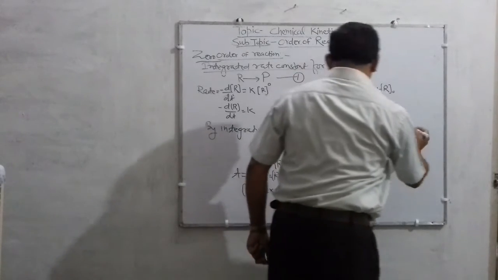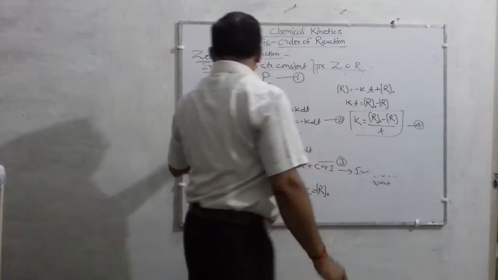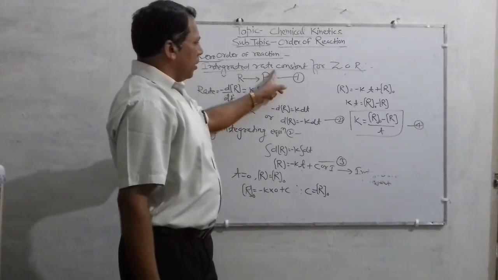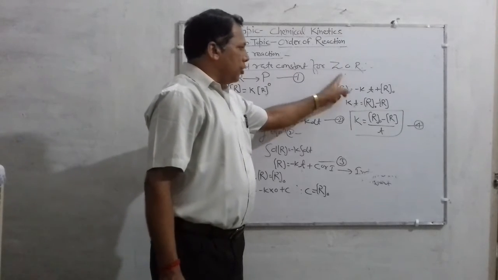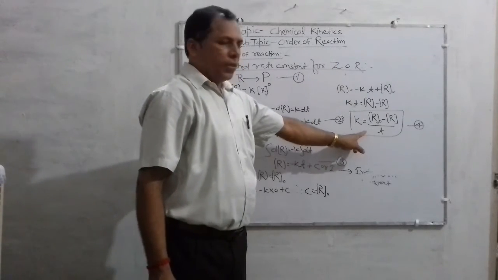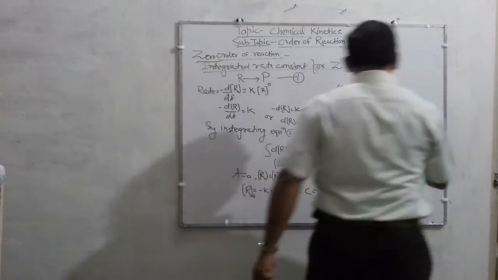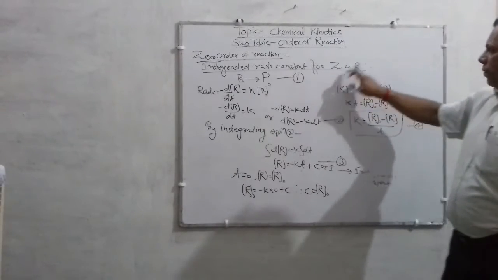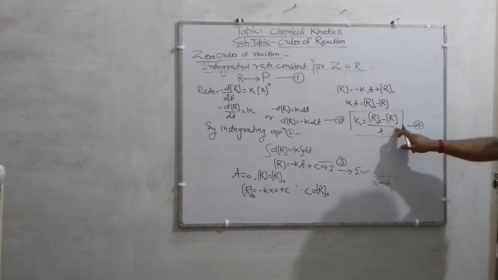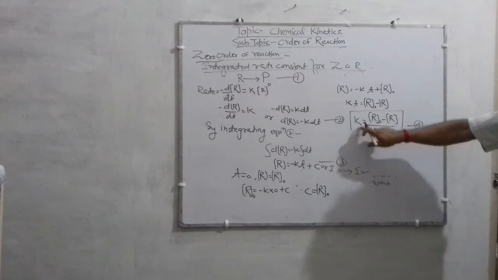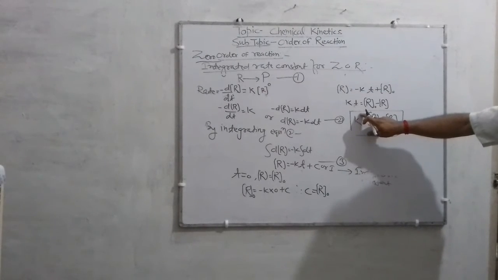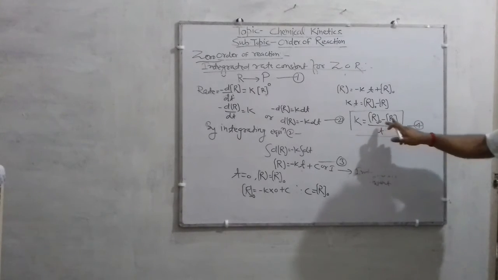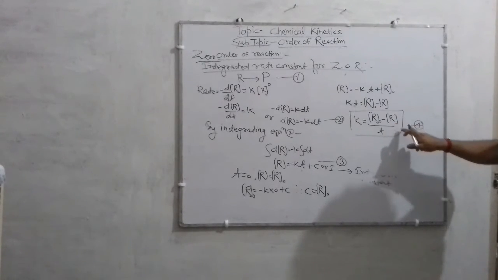So equation 4 is called the integrated rate constant equation for zero order reaction. Must remember, children, equation 4 is called the integrated rate constant for zero order reaction. K is the rate constant, t is the time, and R is the concentration of a reactant.